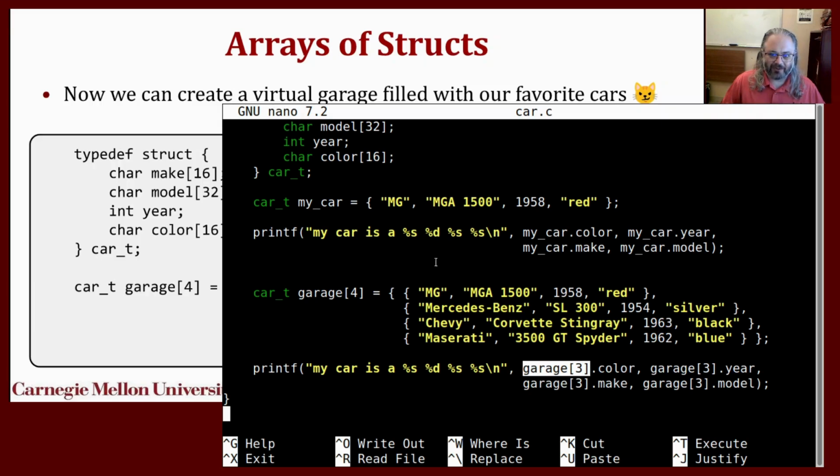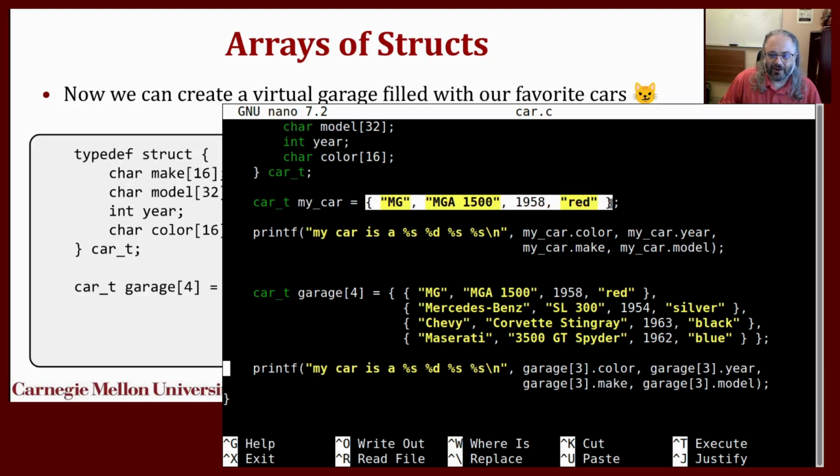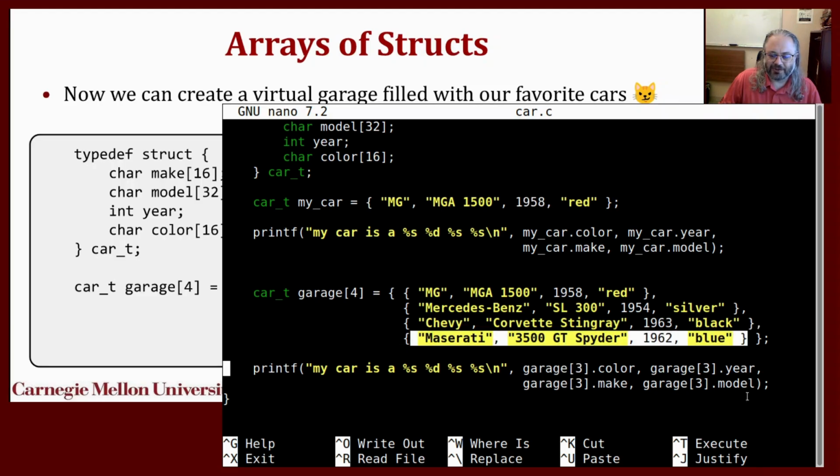Just like we can with the single car, we can go in and print the details of the last car in the garage. So this is now what is inside of this file. When we run this, what we hope to see is two print statements for two different cars. One, the my car object, and one, the final entry of the garage, which should be the blue Maserati Spider.